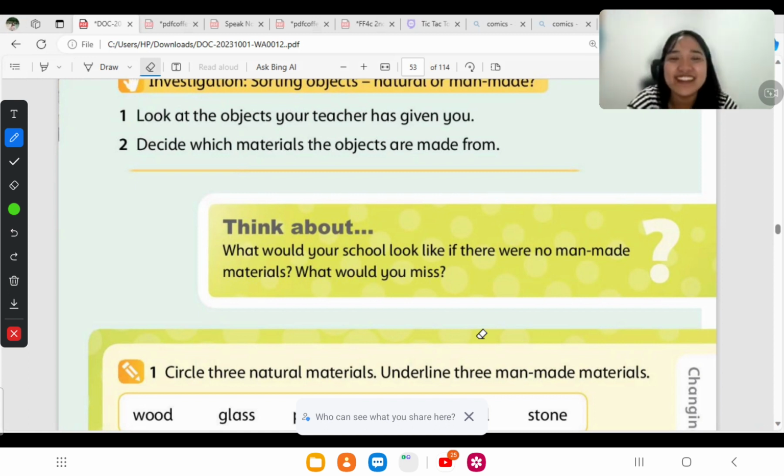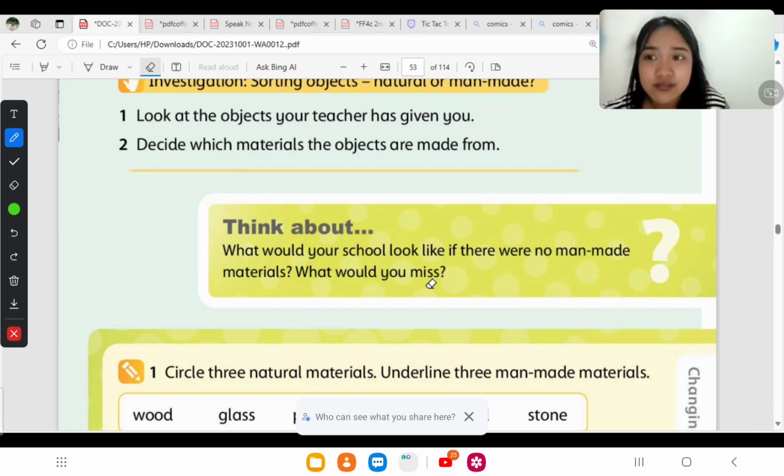What would it look like if there were no man-made materials? Imagine, Isabel, if the things that surround us were made only from natural materials.